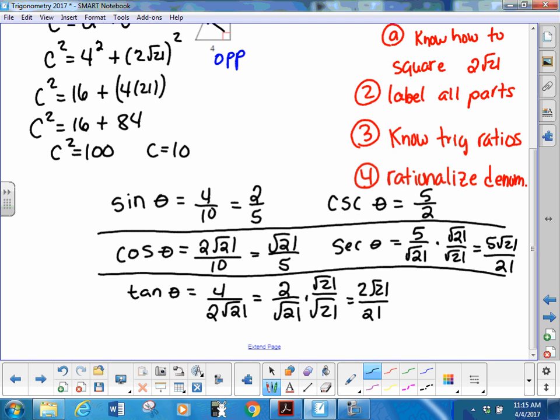Then cotan. And guys, I could go right here, where I had 2 over the square root of 21 and just flip it. That's my answer, square root of 21 over 2. That makes it a little bit easier.